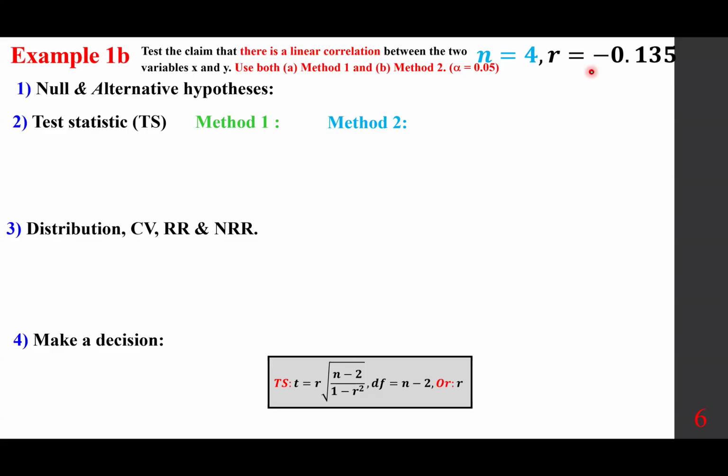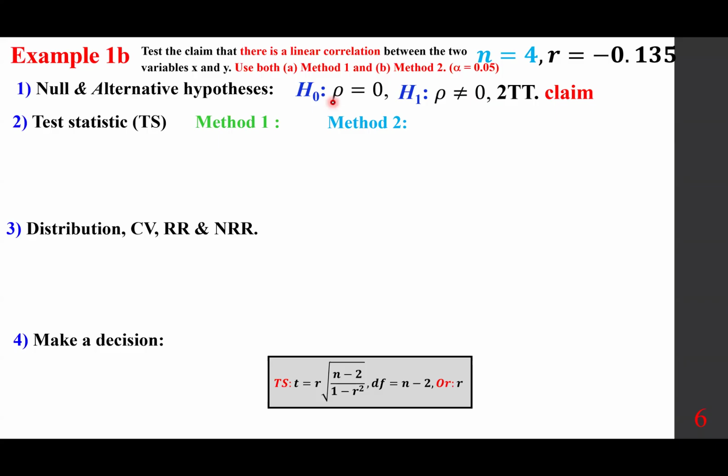So we're going to write the null and alternative hypothesis, H0. This is rho, a Greek letter rho, is equal to 0. And then rho is not equal to 0 is H1, which makes the two-tailed test, and that is the claim. So this means correlation, this means no correlation. That's really the bottom line.